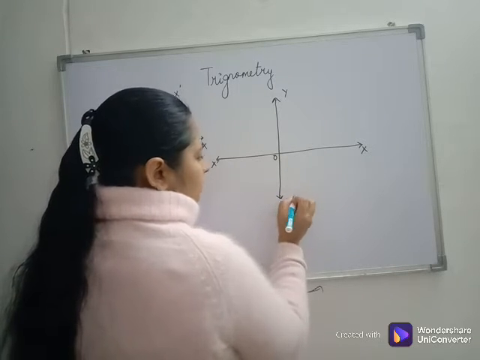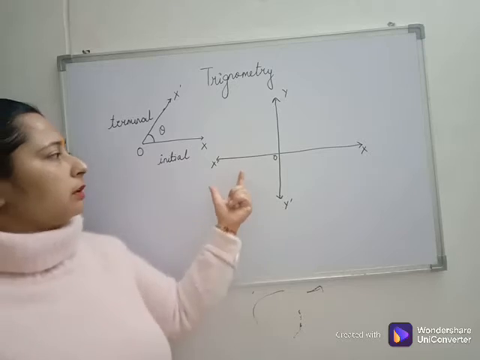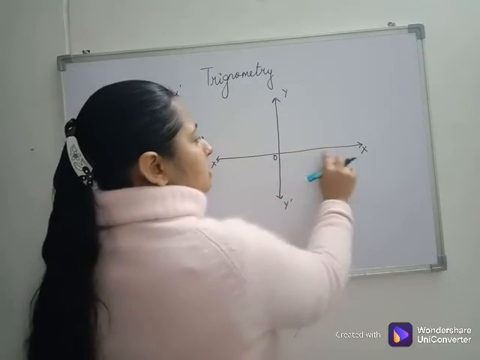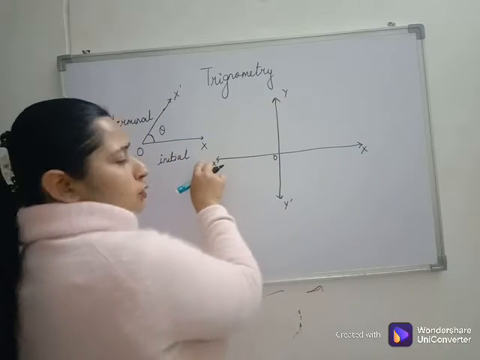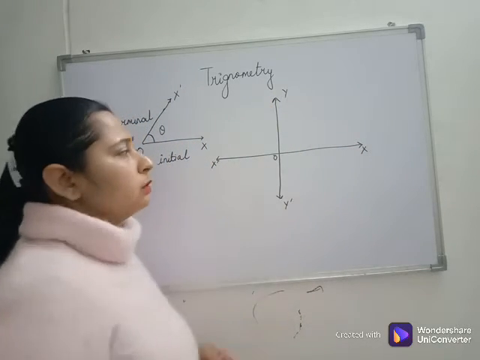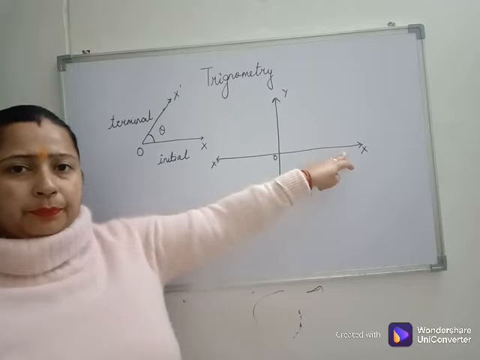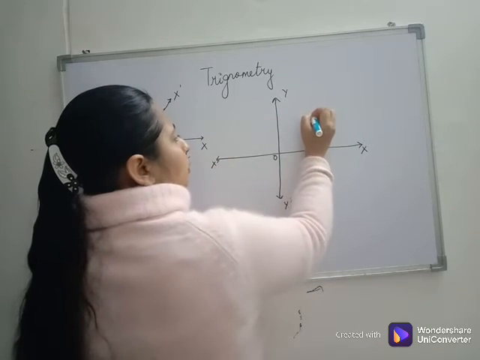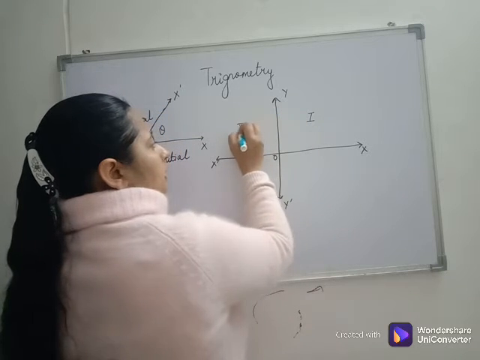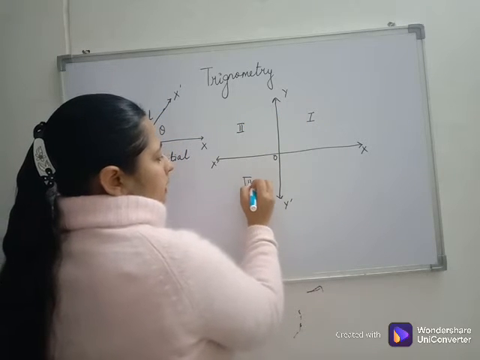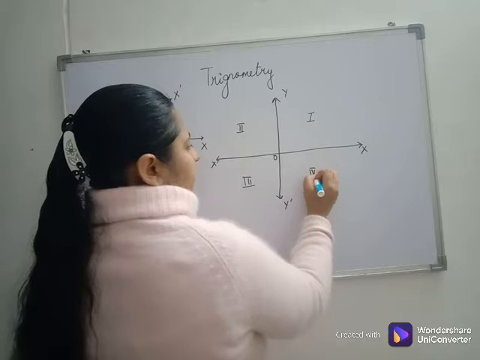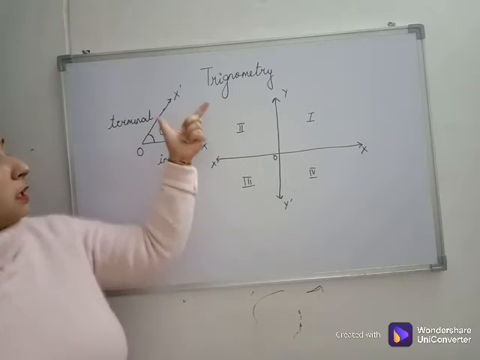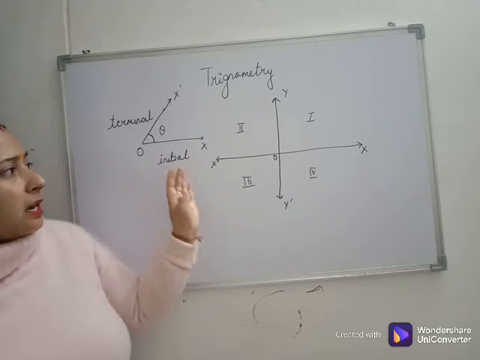That is your 4 quadrants, where you find 0, 90, 270, and a total of 360 degrees. So you will have your first, second, third and fourth quadrants.